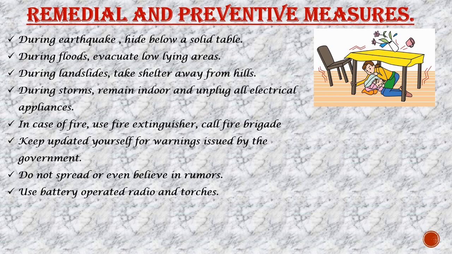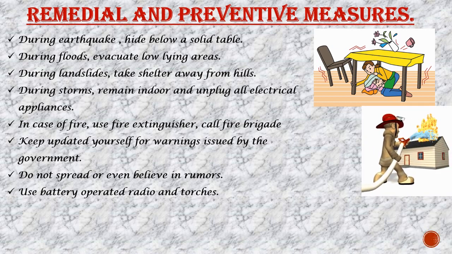During landslides, the areas near hills are at utmost danger, thus take shelter away from the hills. During storms, remain indoors and unplug all the electrical appliances as lightning and heavy rains may cause sparks leading to short circuits. And in case of fires, use a fire extinguisher. Call fire brigade immediately.